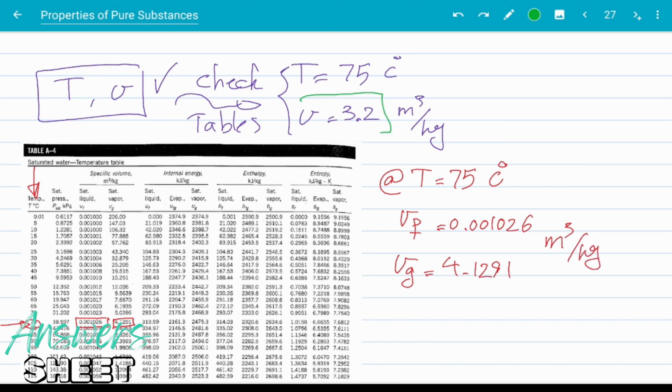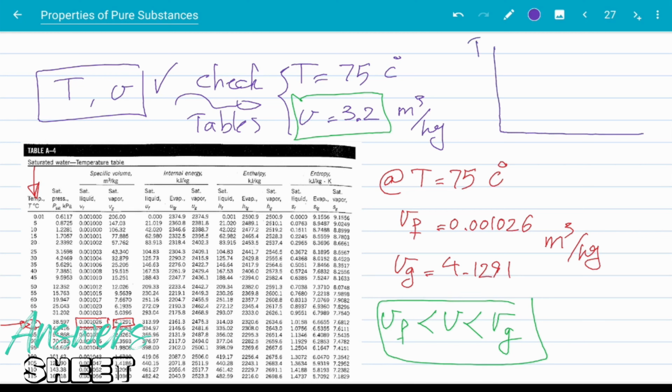Okay, the volume that we have is larger than v_f, the specific volume of saturated liquid, and is smaller than v_g, the specific volume of saturated vapor. What does it tell you? Let's take a look at the diagrams that we had.